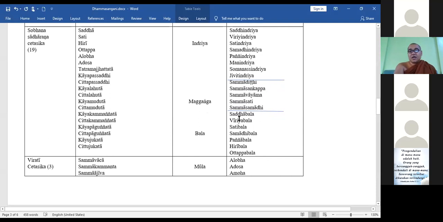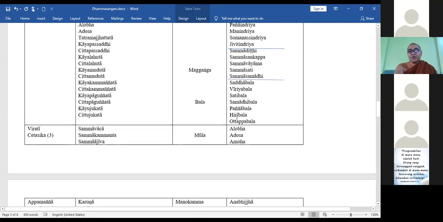So also Saddha Bala, Viriya Bala, Sati Bala, Samadhi Bala, Panna Bala, Hiri and Ottappa are also here, a very important point. Guardians of the world, okay? They are protectors of the world. And also the Sukka Dhammas. Sukka Dhamma means pure Dhamma. It makes us pure as a human being.